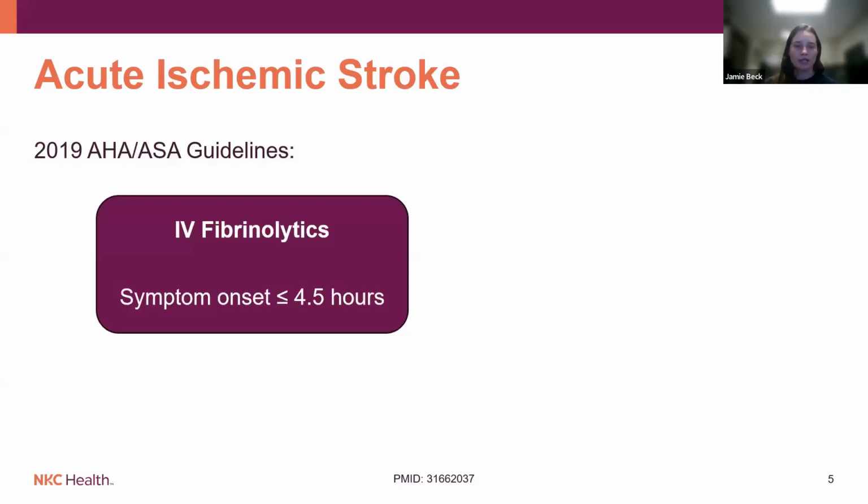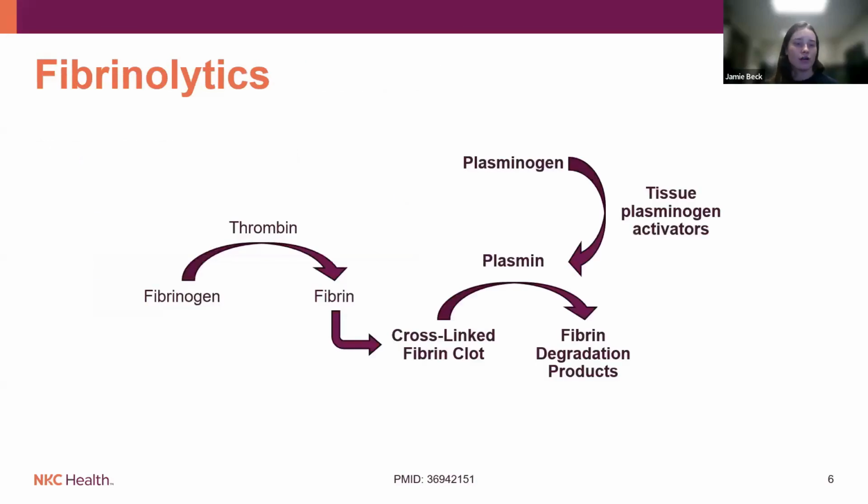In the 2019 AHA-ASA treatment guidelines, IV fibrinolytics are indicated in patients who present within 4.5 hours of acute symptom onset. So at the end of our coagulation cascade, thrombin mediates the conversion of fibrinogen to fibrin, which is then used to create a cross-linked fibrin clot. The mechanism of fibrinolytics is to degrade this fibrin clot.